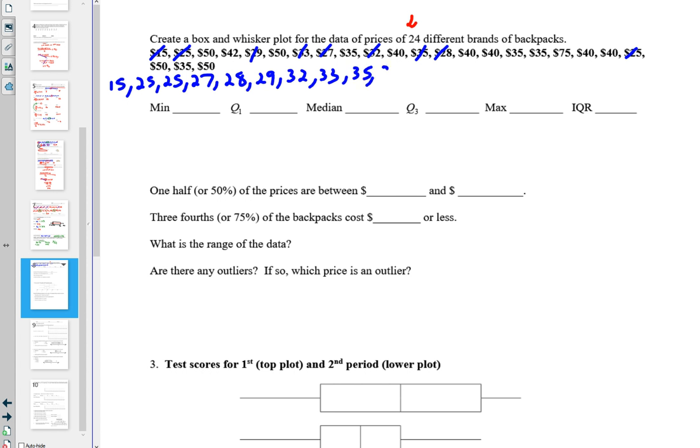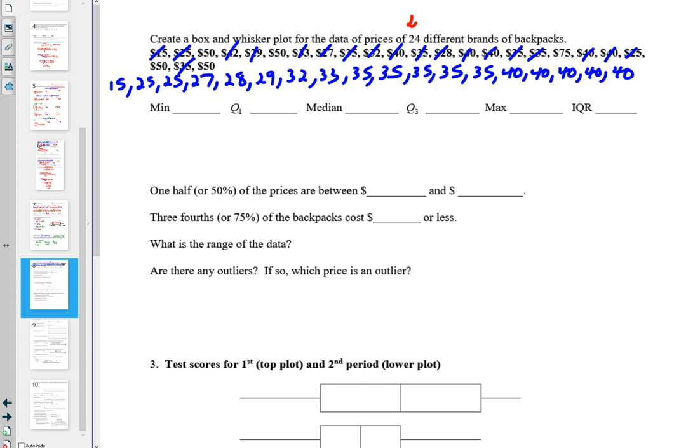And another 35. Another 35. Another 35. So 4 35s so far. 5 35s. There's another 35 there. There's 40s. 1, 2, 3, 4, 5. 1, 2, 3, 4, 5 40s.